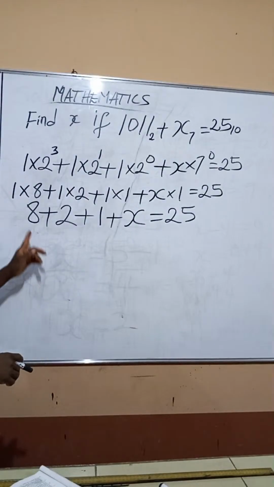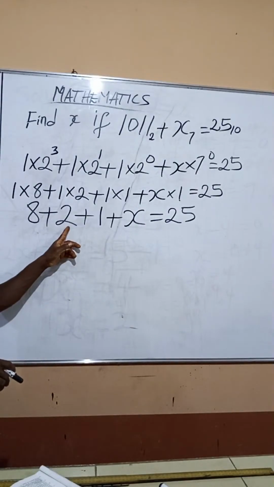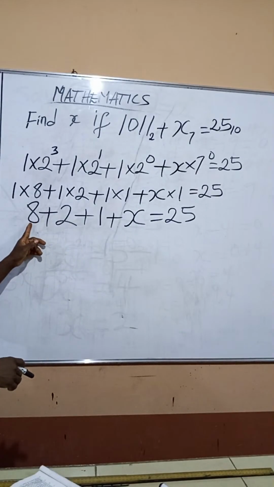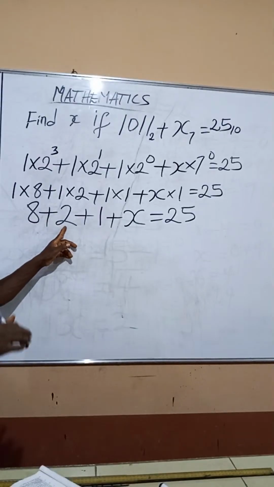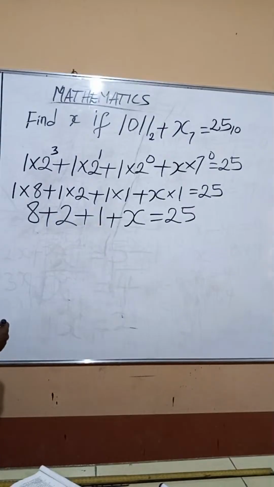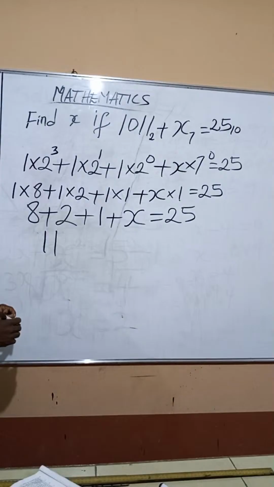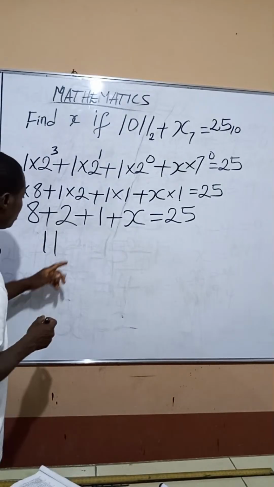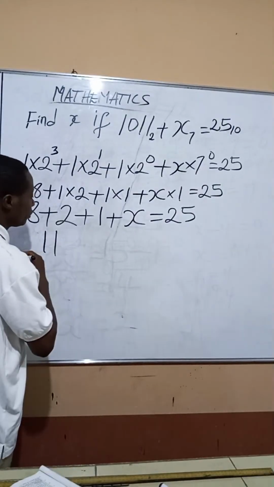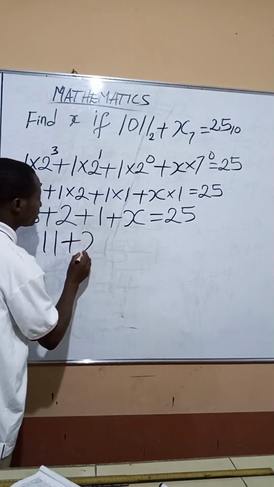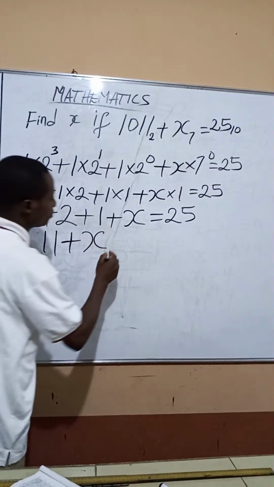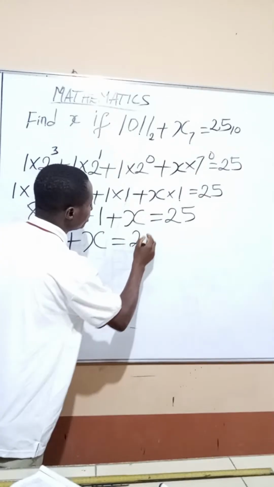So we can add up these ones, right? Let's add it up. It's 8 plus 2, that is 10. 8 plus 2 is 10, and plus 1, that is 11. Sorry for the noise, please. This 11 plus x is equals to 25.